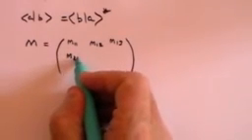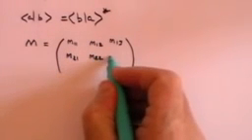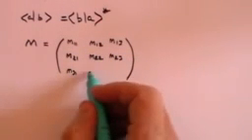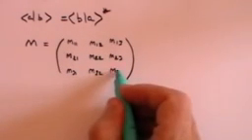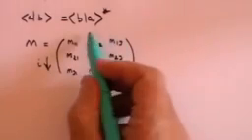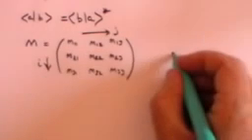The second row M21, M22, M23. And the third row M31, M32, M33. You'll notice that essentially I've got i rows and j columns, and each element can be written as Mij.